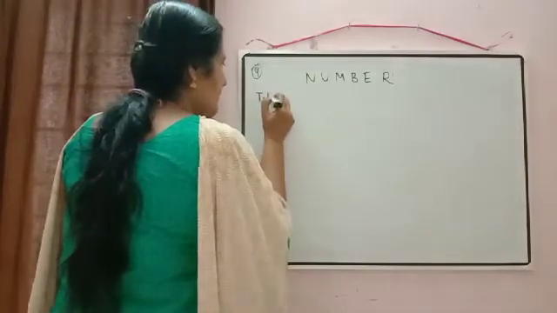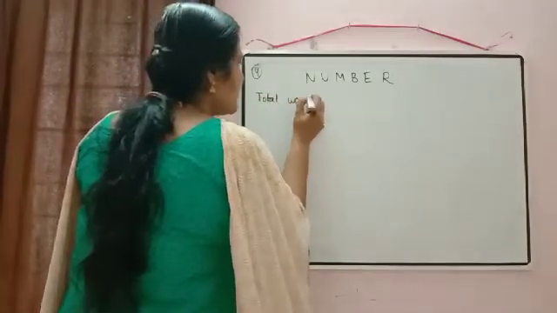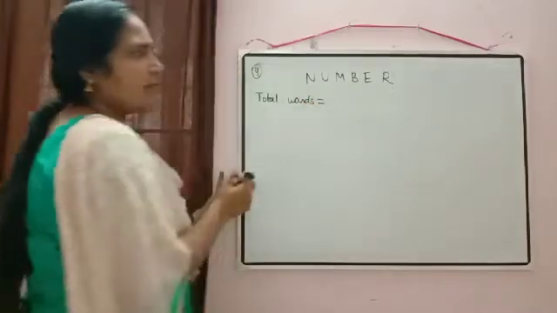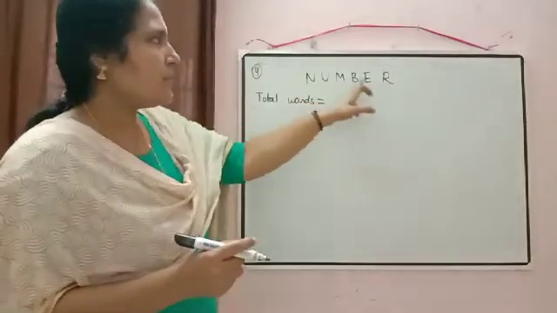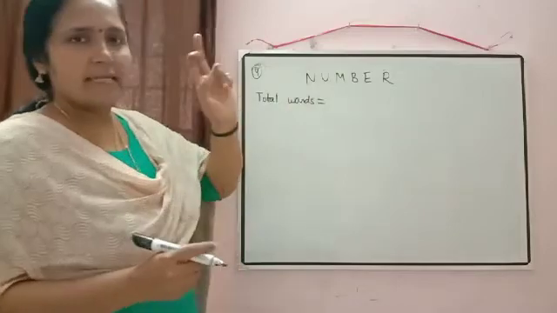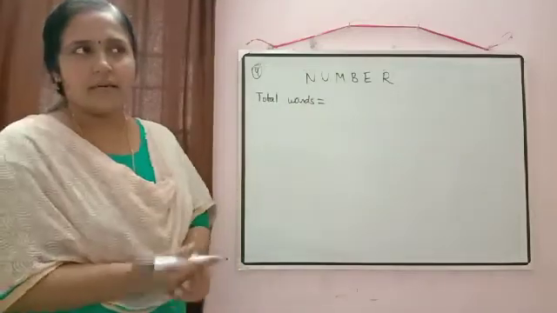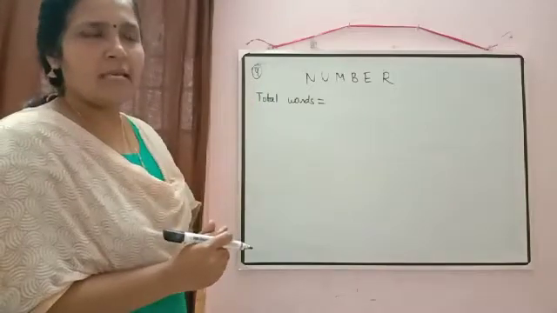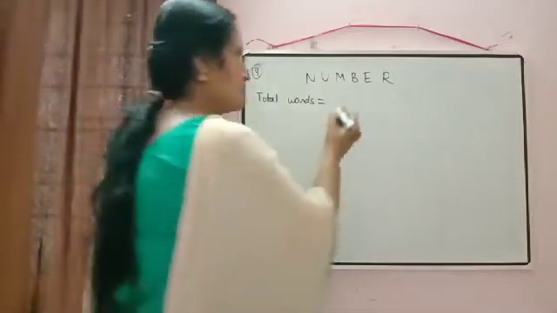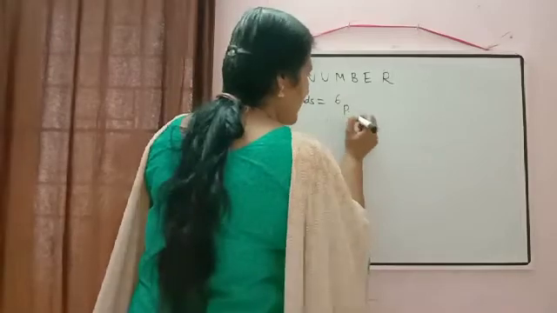So just write down there, total words is equal to, how many letters are available with us? 1, 2, 3, 4, 5, 6. 6 letters are available with us and we need a 4-letter word there. So at a time we use how many letters? 4 letters. So it will be equal to 6p4.